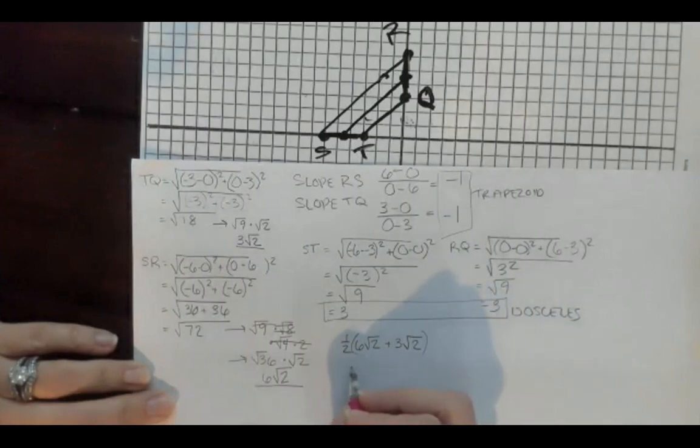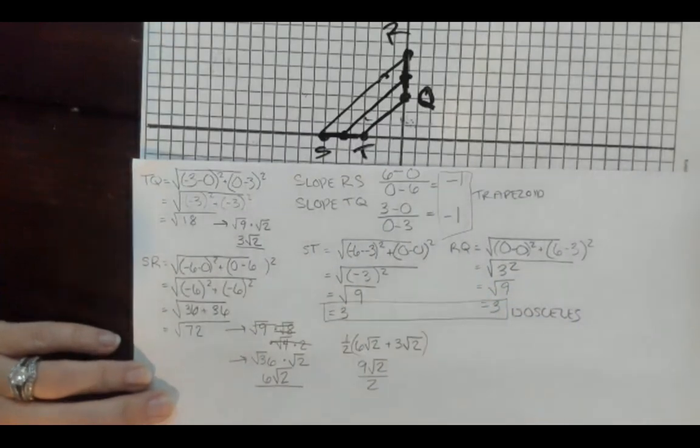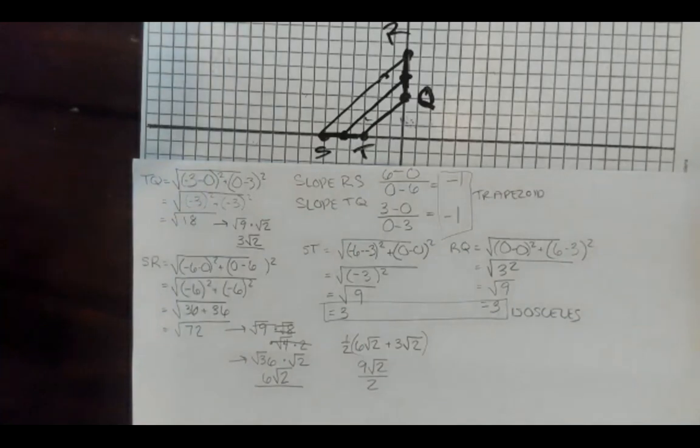So what do we have? We have 9 times the square root of 2 divided by 2. You can leave it like this. You could say 4.5 times square root of 2. Either one's fine.